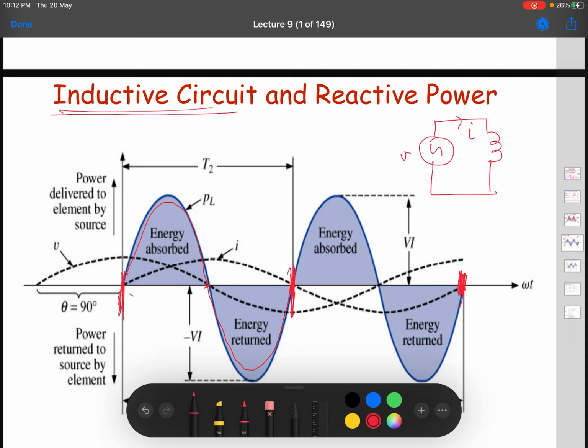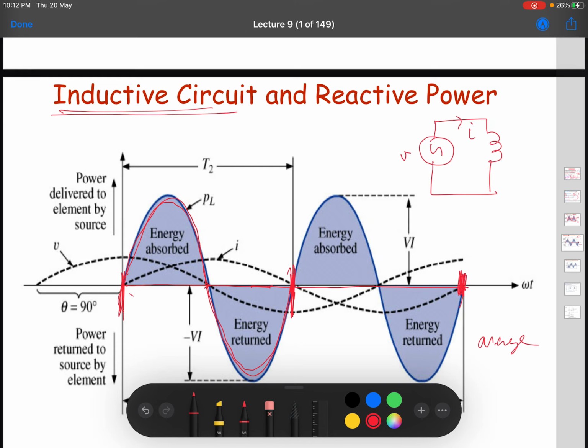So power has twice the frequency, and if you take the average, because of this 90-degree phase difference, this average comes out to be 0. So what is seen here is this part is positive and the next part is negative.